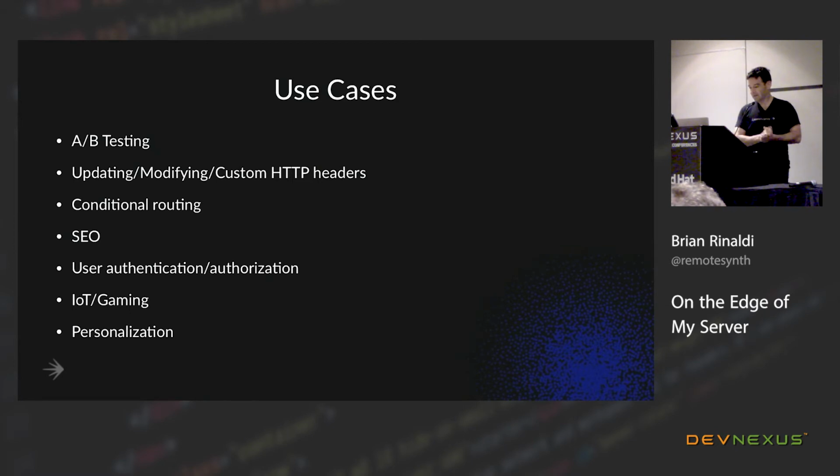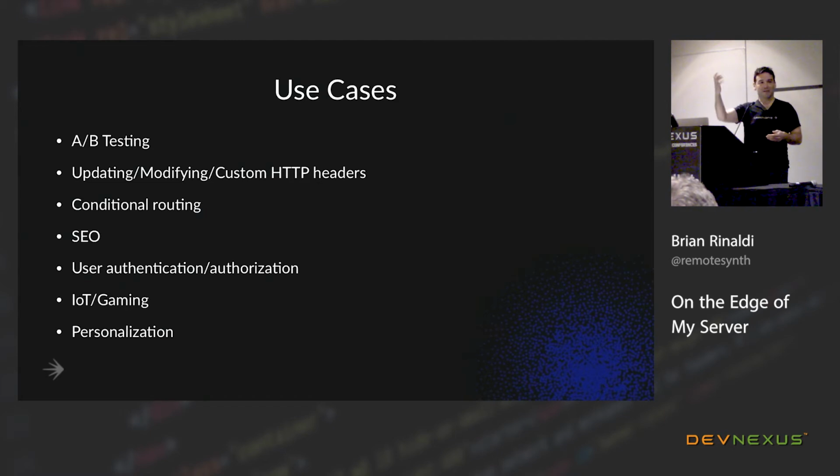I kind of talked about this a little bit, but personalization. Imagine I have a cached or even static service response that I can then personalize at the edge instead of having to convert that all to SSR. I can add little personalization elements, similar to the A/B testing.